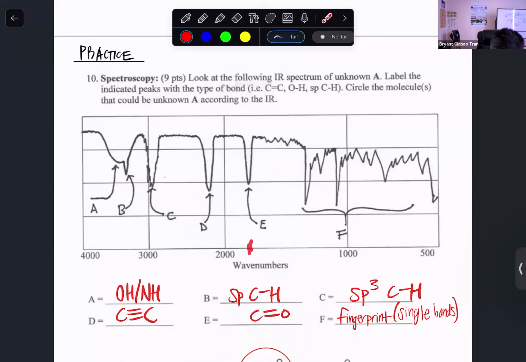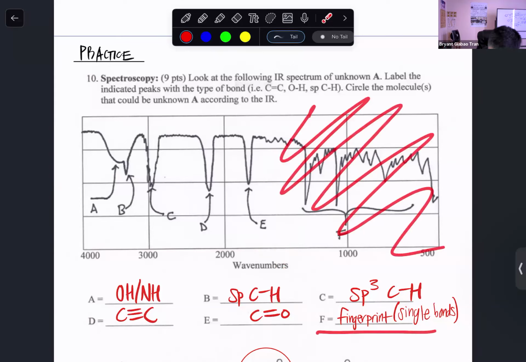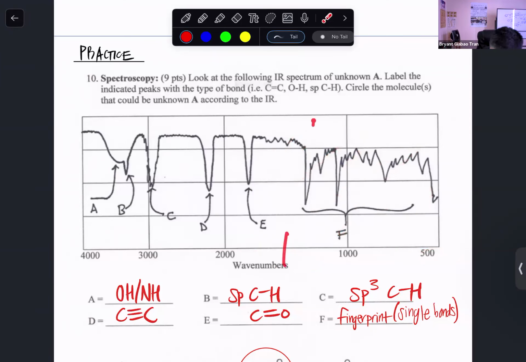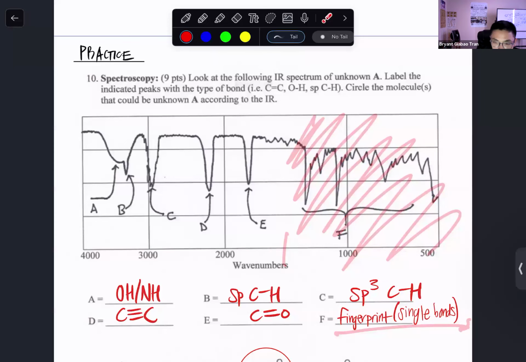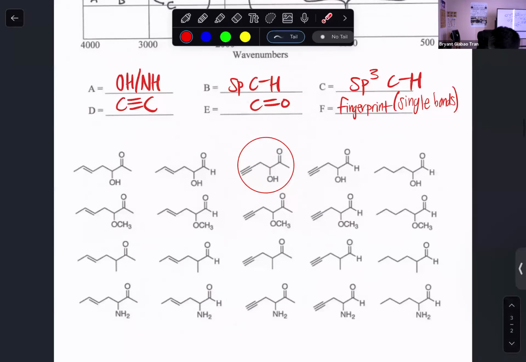E is around 1700, in between 1000 and 2000, so this would be the 1700 carbonyl. F is the fingerprint region. Anything 1500 and below we call the fingerprint region, which shows single bonds to other things.